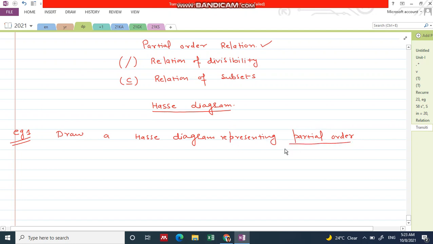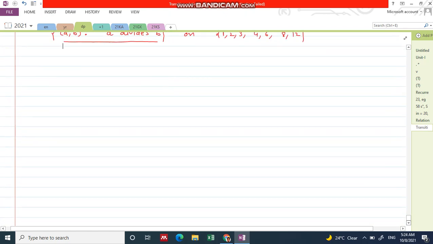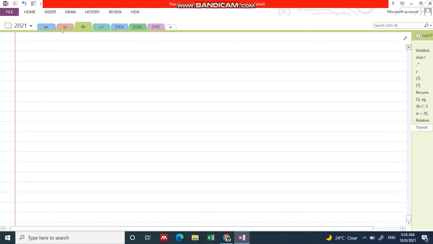This partial ordering is given like this: the elements are in relation such that A divides B, on the set 1, 2, 3, 4, 6, 8, 12. This is the partial order relation, because the divisibility relation is a partial order relation. Now from this set we draw the Hasse diagram.